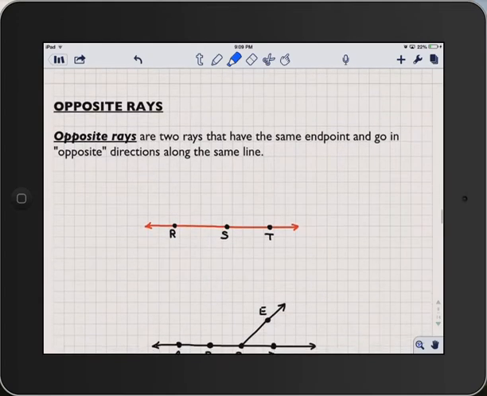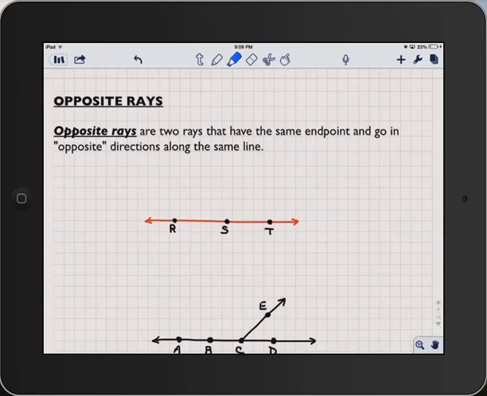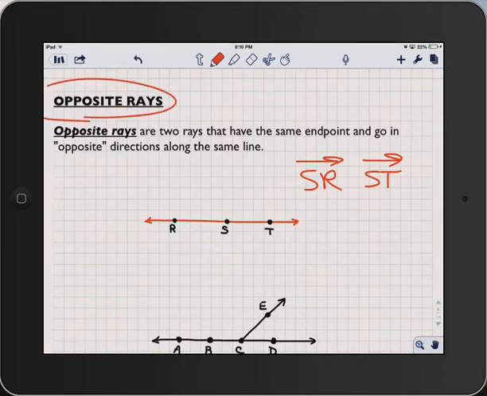Now we could have what we refer to as opposite rays. Opposite rays are 2 rays that have the same endpoint and go in opposite directions along the same line. So in this case, ray SR and ray ST are opposite rays. Why?